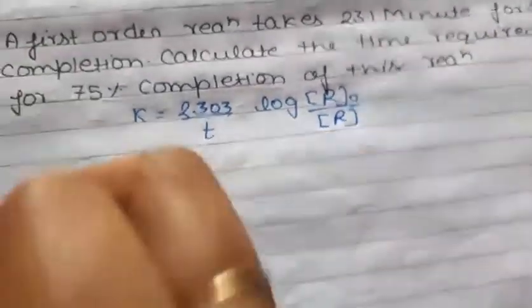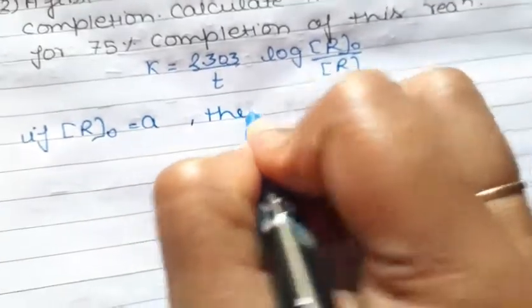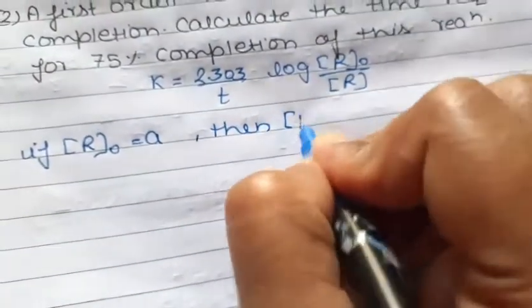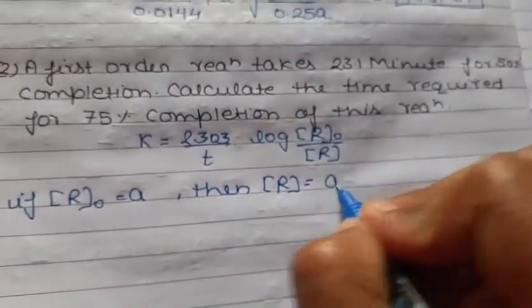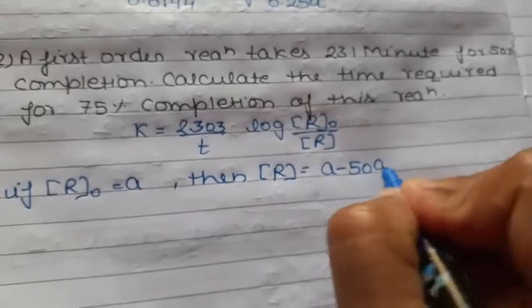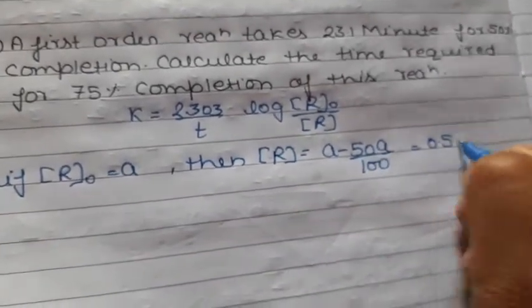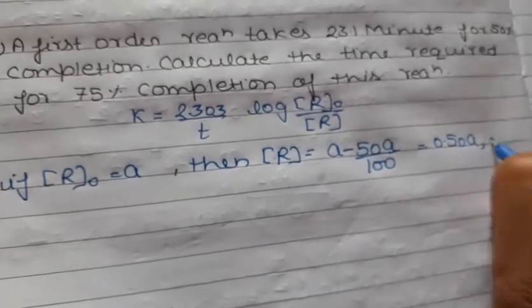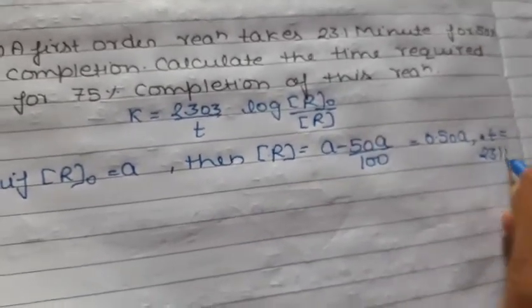Okay students, now in both cases R naught equals a. In the first case it decomposes 50%, so R equals a minus 50% of a, which gives 0.50a, and the time given is 23.1 minutes.